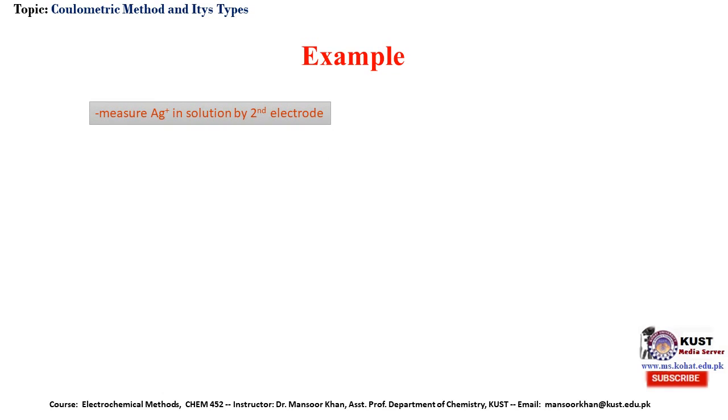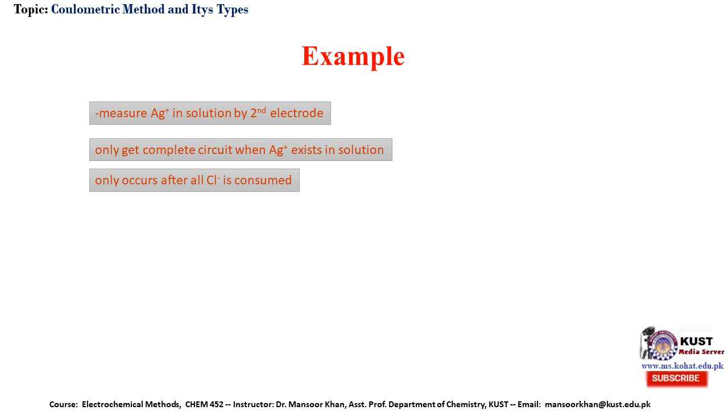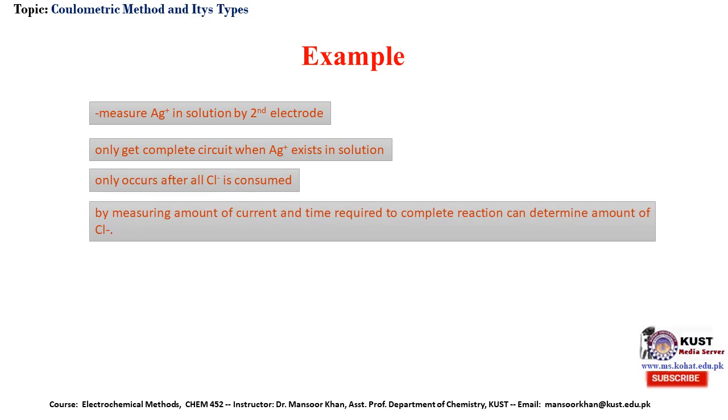Another example is measuring Ag+ in solution by a second electrode. We only get a complete circuit when Ag+ exists in the solution, which only occurs after all the chloride is consumed. So by measuring the amount of current and time required to complete the reaction, the amount of chloride can be determined.